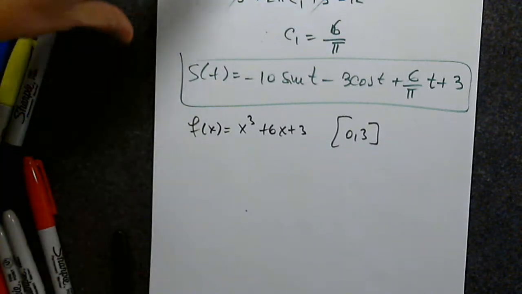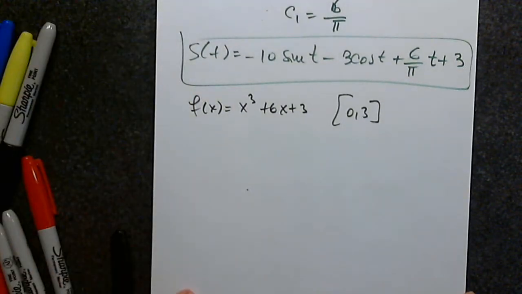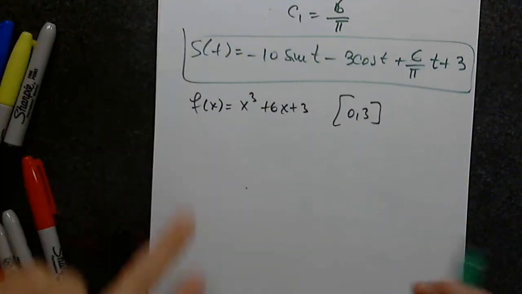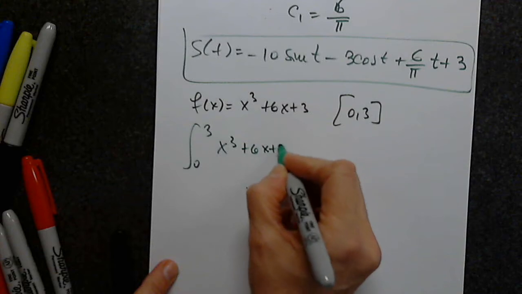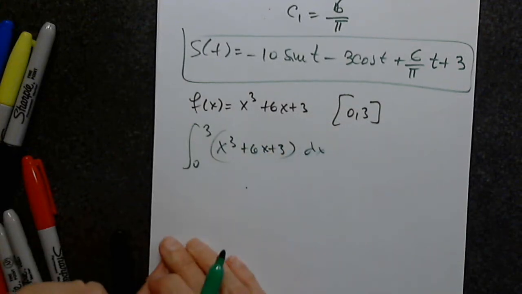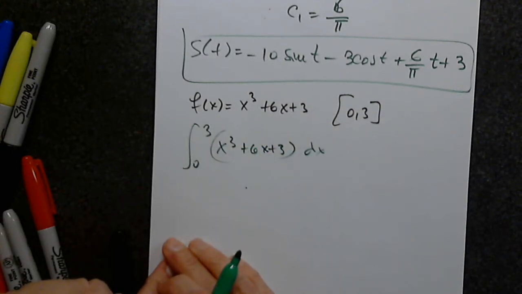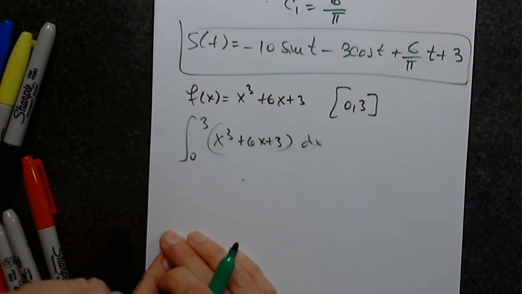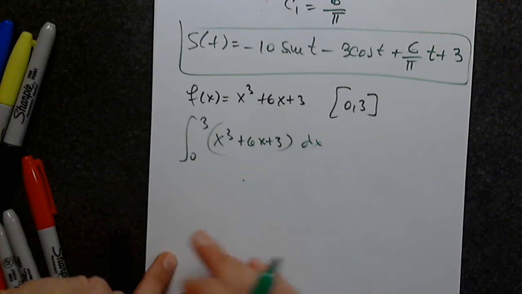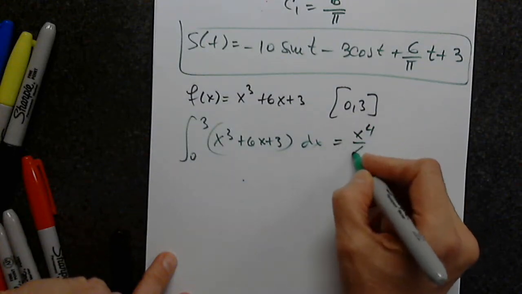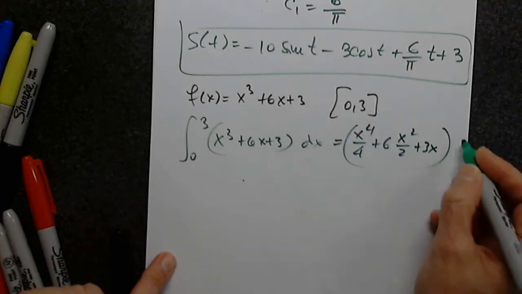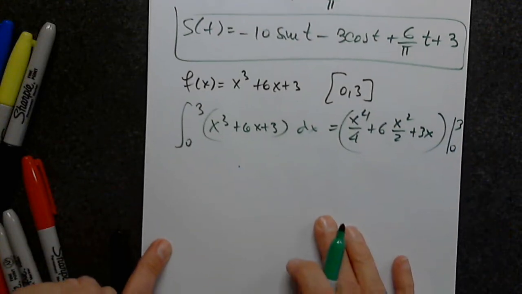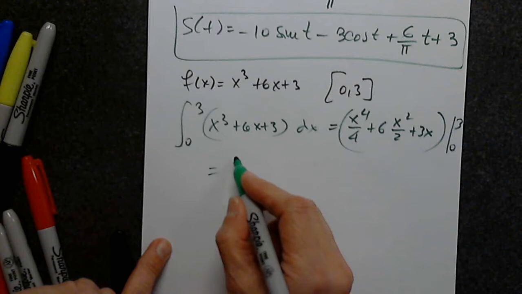Okay, so here's how I would address this. I will first determine the integral from 0 to 3 of x cubed plus 6x plus 3 dx in order to see what's ahead of me. I know this is not what I have to do, but I like to check my work anyway, if I can. So this is x to the 4th over 4 plus 6x squared over 2 plus 3x from 0 to 3. I only plug in 3.